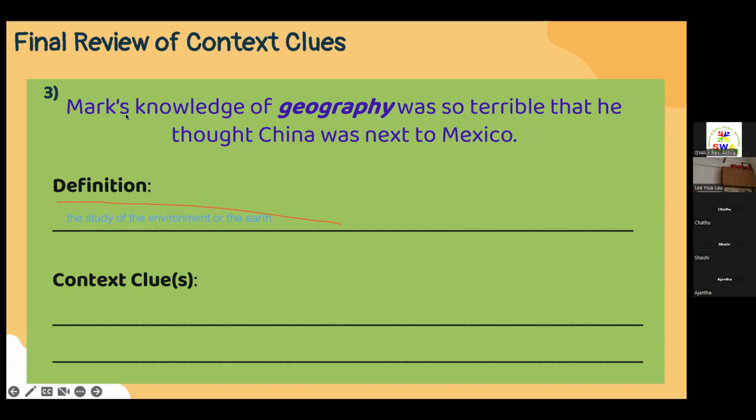Is it synonym or antonym, example or illustration, or definition or meaning? Give it a go. Then I will let you know. I'll try to guide you along.